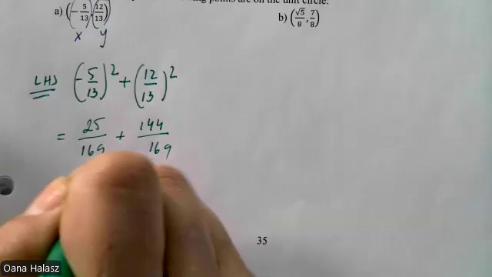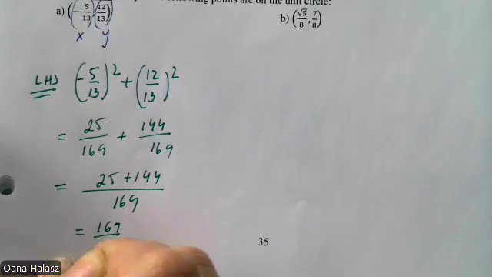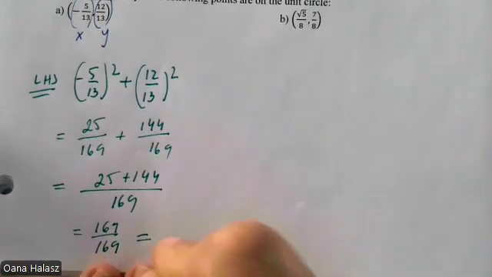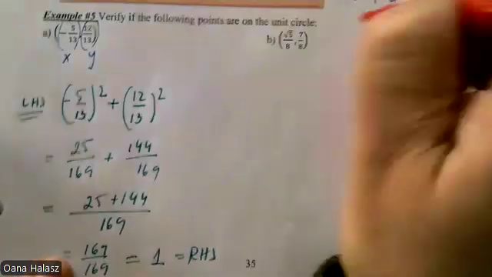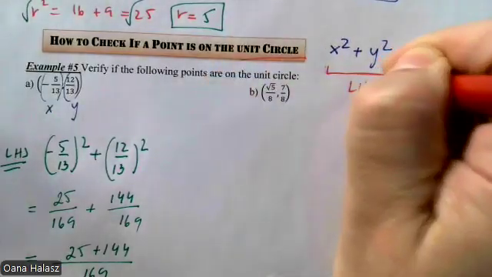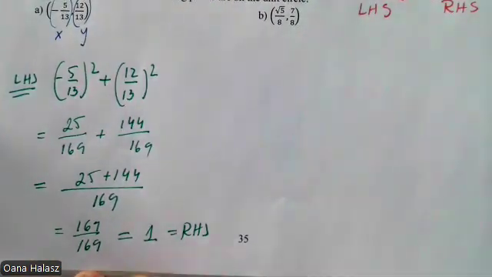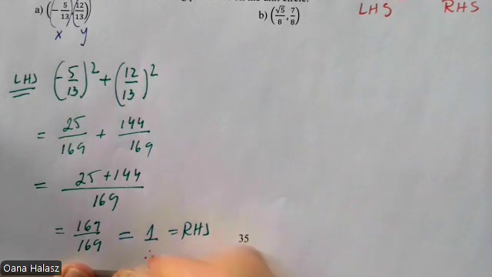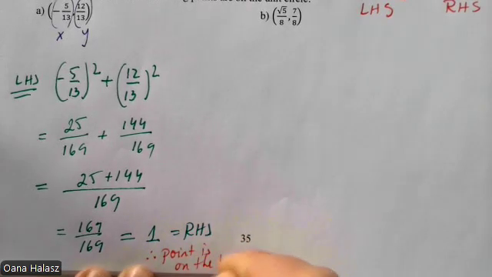And at the top, 25 plus 144, which is 169 over 169, which equals 1. So our left-hand side in the formula of the unit circle is the same as the right-hand side, which is 1, right? So therefore, this point is on the unit circle.